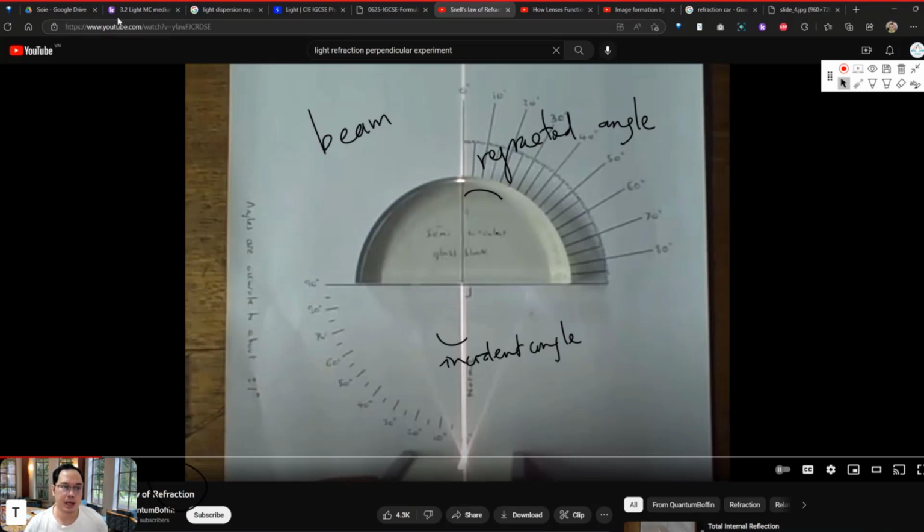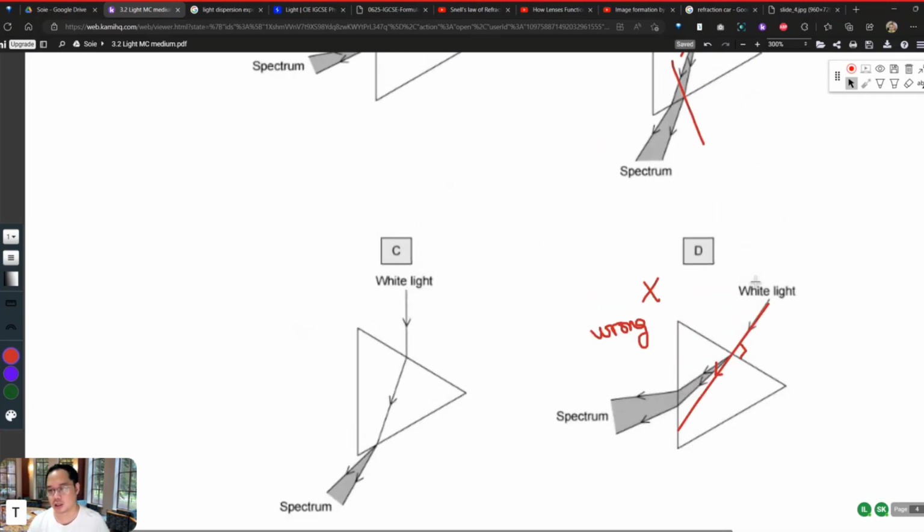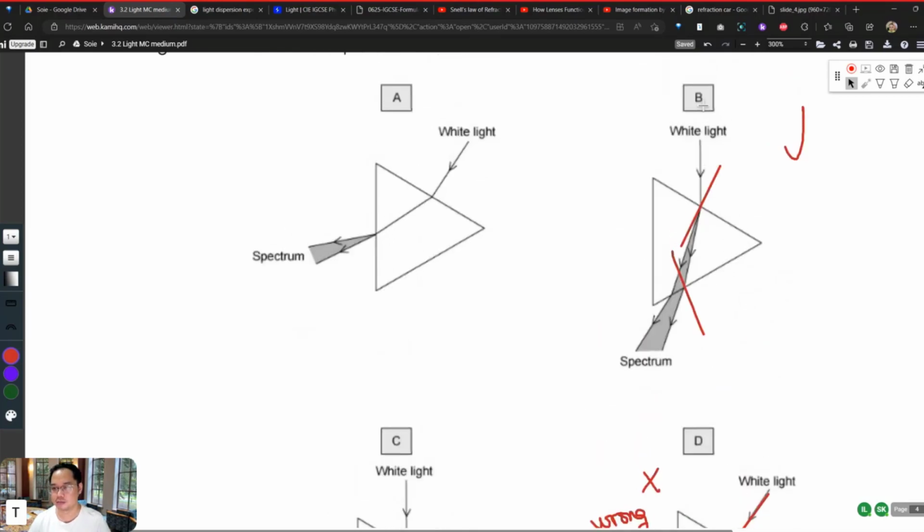So for this diagram, this light ray travels perpendicularly toward the surface, and therefore it goes straight to the other side, not refracted, not dispersed like this. Okay, so option D is wrong, and the correct answer is B.